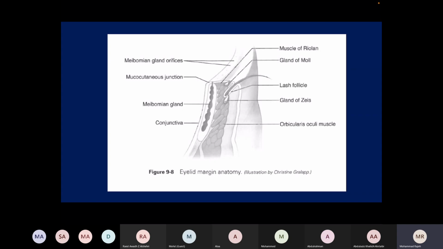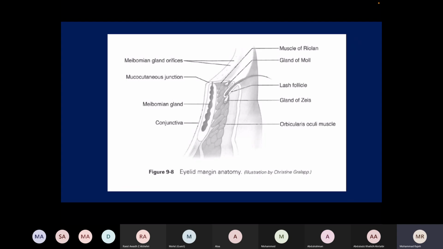So we have R1, Dr. Saeed. If you can tell me what is the anterior lamella composed of, the middle lamella and the posterior lamella. Skin or orbicularis. Okay. What about the middle lamella? What else?